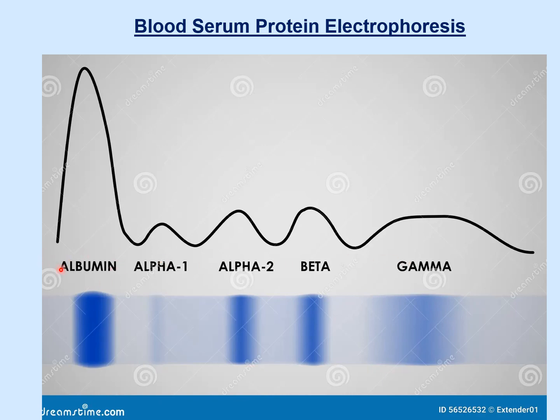The densitometer can calculate the concentration of albumins according to the results of electrophoresis. The electrophoregram gives this information. You should know this picture.